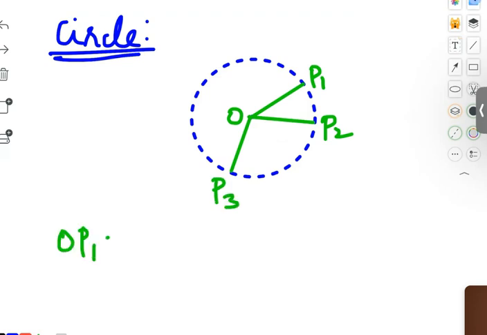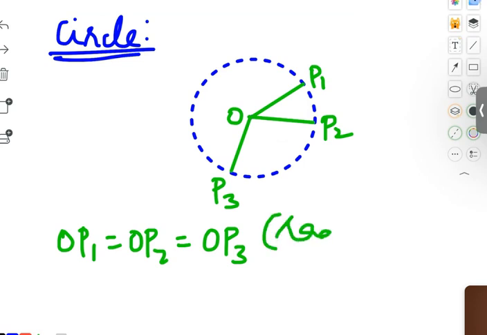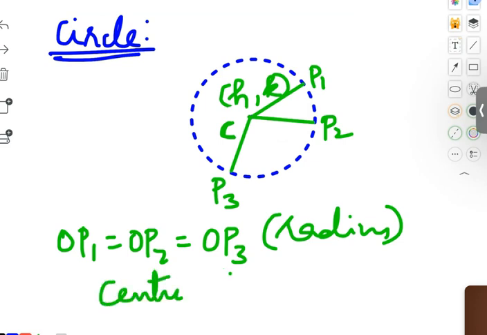So in a circle, all these distances are equal here, correct? And these lines are called radius. Imagine the center to be O, or even C, let's say. The coordinates of the center, let it be h comma k.